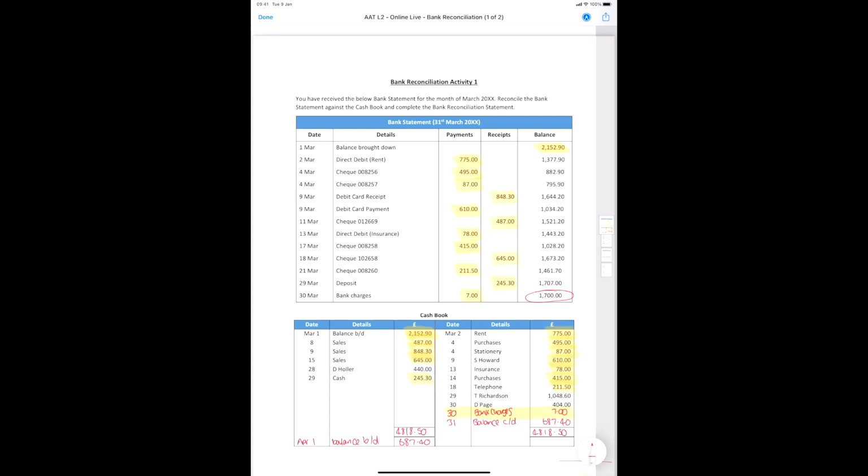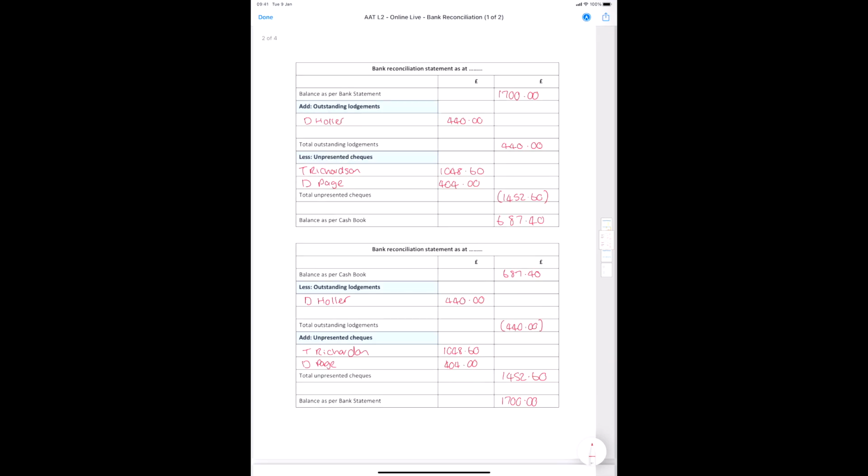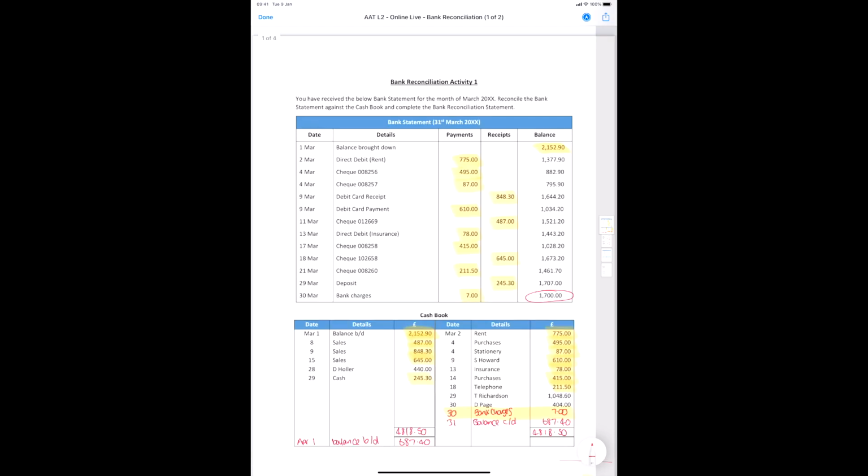Okay. Effectively, when we're doing it the second way, we're working from the cash book to the bank statement. So these unhighlighted items, whereas we added them to the bank statement in the first method, we're taking them out of the cash book in the second method.